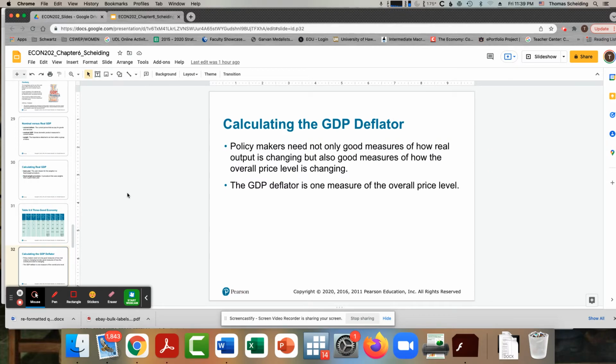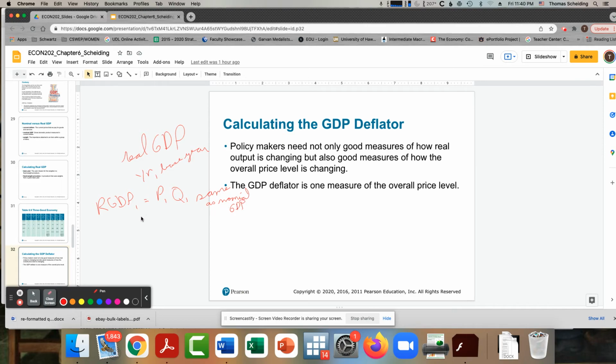Once you calculate the real GDP, let's just do a review here. If we're calculating real GDP with year 1 being the base year, then real GDP in year 1 is going to be the price in year 1 times the quantity in year 1, which will be the same as nominal GDP.